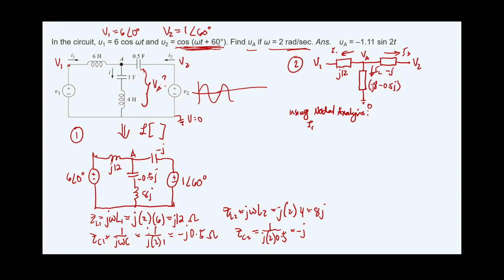Okay, so therefore I1 plus I2 plus I3 is equal to 0. And then I1 is simply VA minus V1 divided by the impedance, which is J12, plus I2, the one in the middle going to the ground, VA minus 0 divided by 7.5 J, then plus VA minus V2 divided by the impedance in between, so you have negative J, equals to 0.